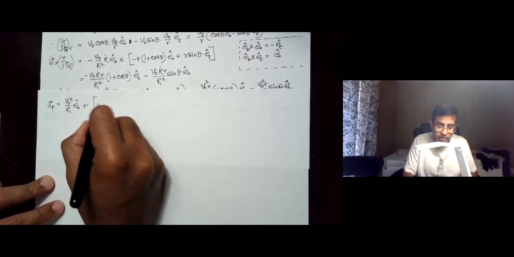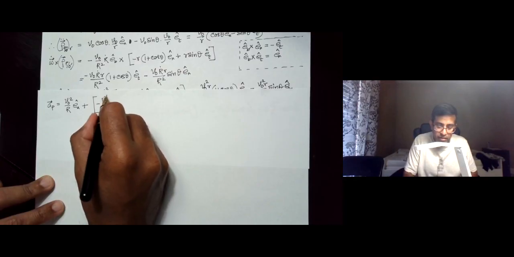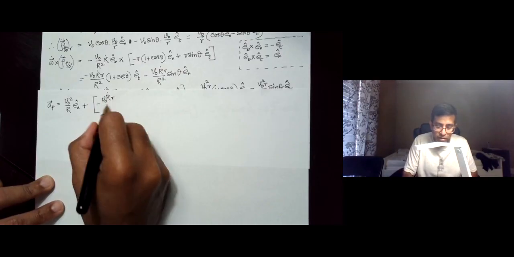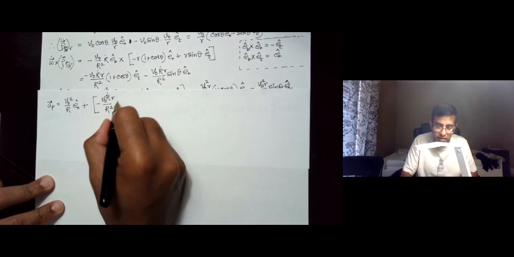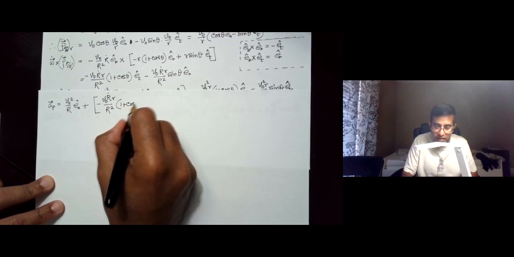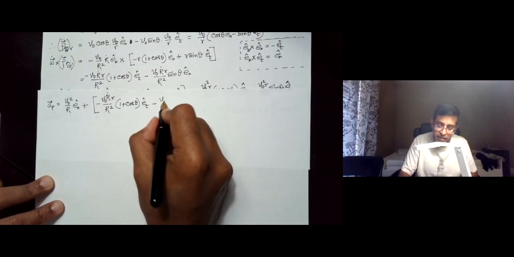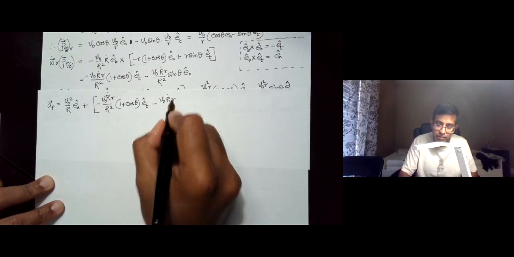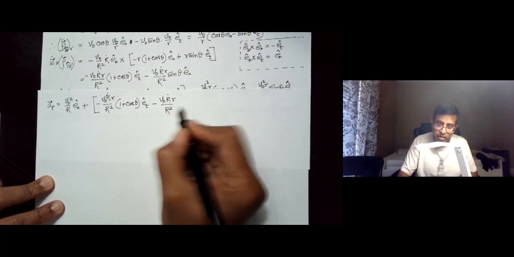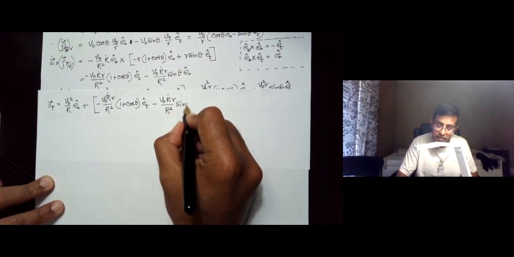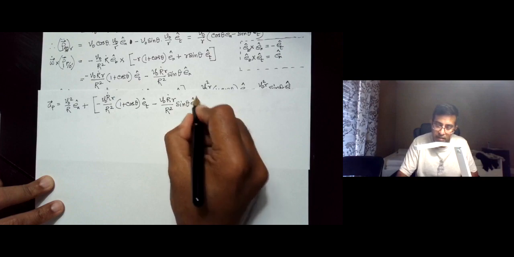So minus V naught capital R dot small r over capital R squared 1 plus cosine theta Et minus V naught capital R dot small r over capital R square sine theta En.